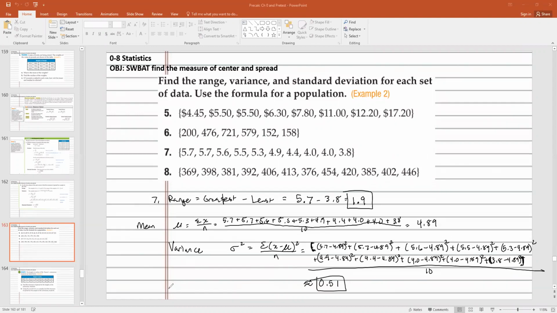And then the standard deviation is going to be the square root of that.